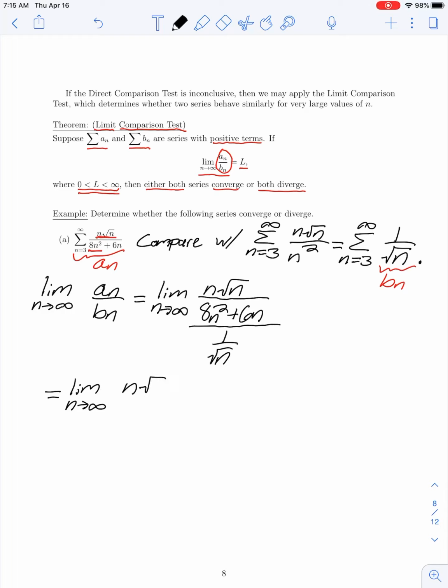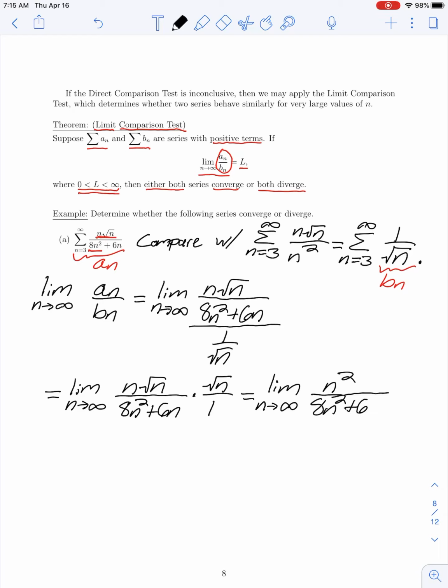So here we would have n square root of n over 8n squared plus 6n times the reciprocal of our denominator, square root of n over 1. So this gives us the limit as n approaches infinity of, simplifying our numerator, n squared divided by, in the denominator we had 1 times 8n squared plus 6n.